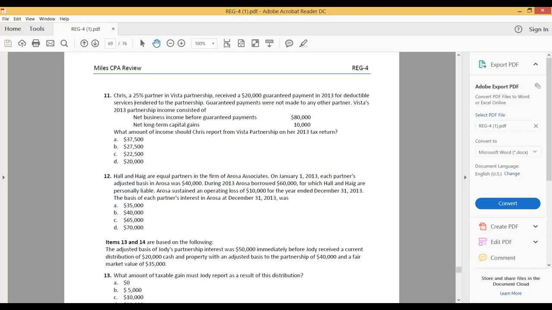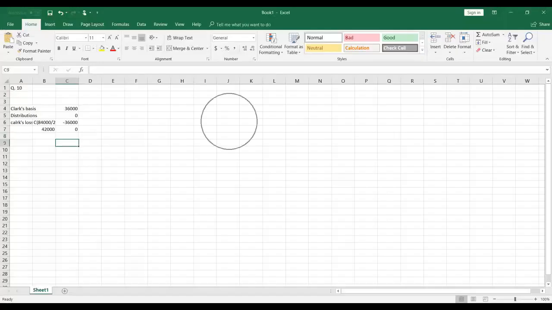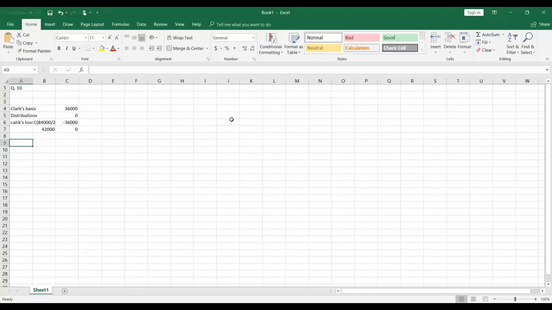So now Chris is a 25% partner, right? And she's also receiving guaranteed payments. So we need to find out what it is that she needs to report as income. How do we determine her income? What is the business income?